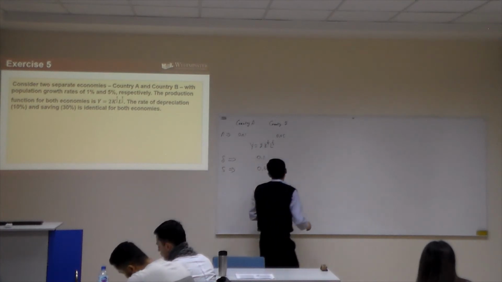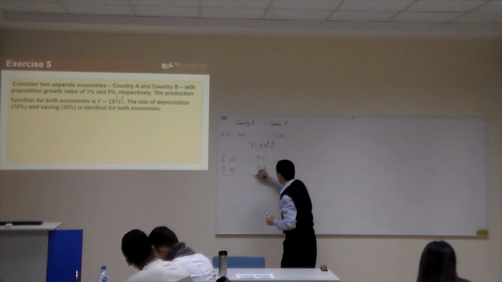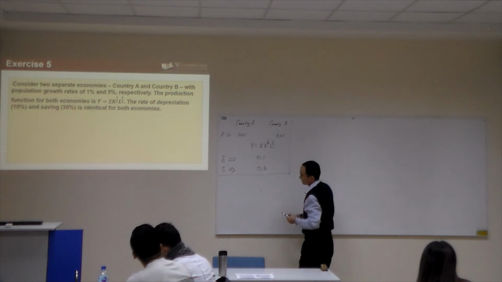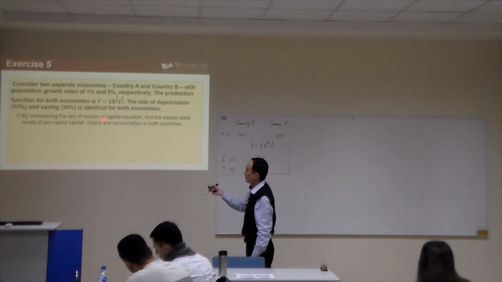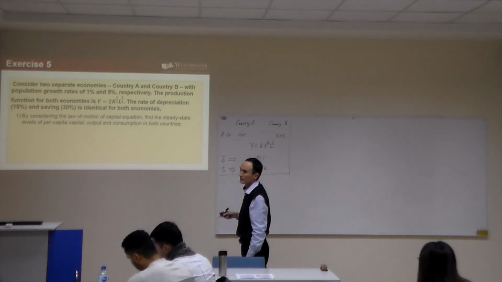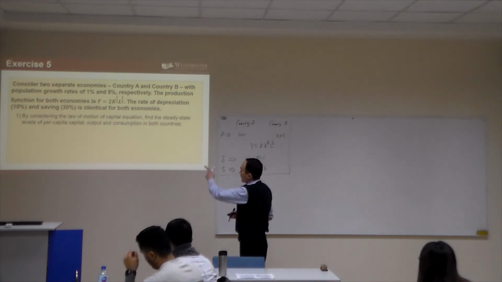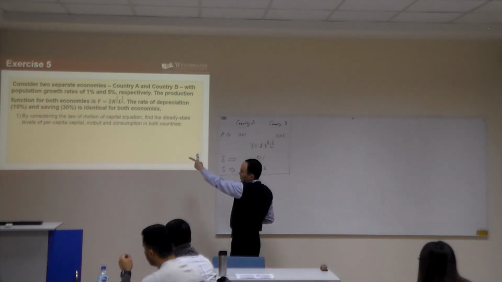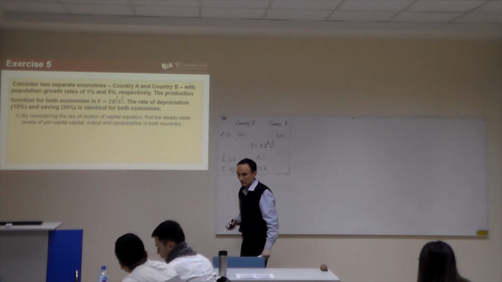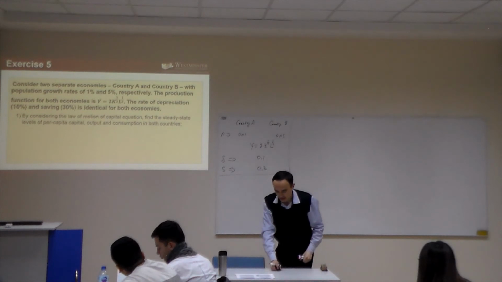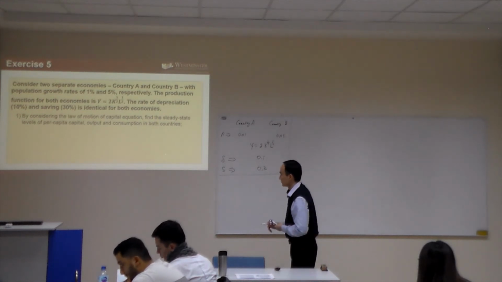Okay? Now we have this data given. Number 1, by considering the law of motion of capital accumulation, find the steady state levels of per capita capital, output, and consumption in both countries. Now it says, first let's derive it.